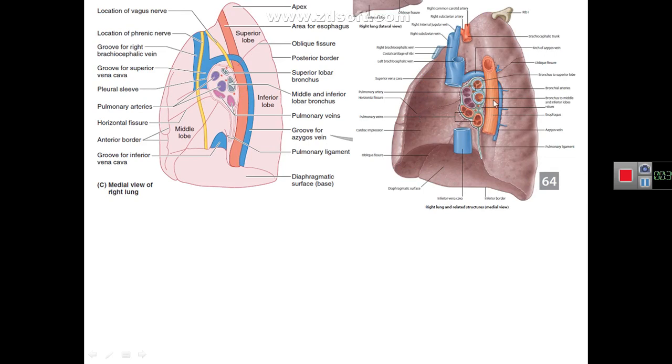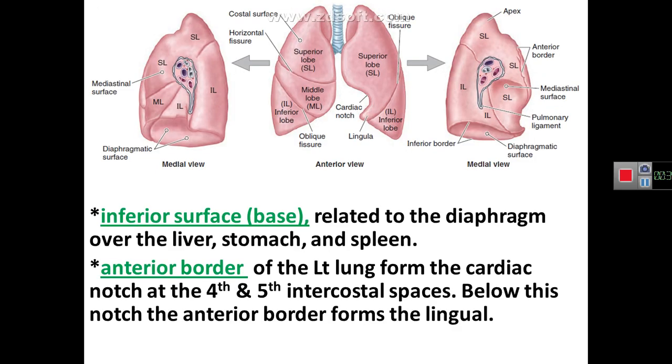And you have to remember these structures in practical anatomy. The inferior surface of the lung, which is related to the diaphragm, is considered also to be related to structures below the diaphragm, which are the liver on the right side and the stomach and spleen on the left side.